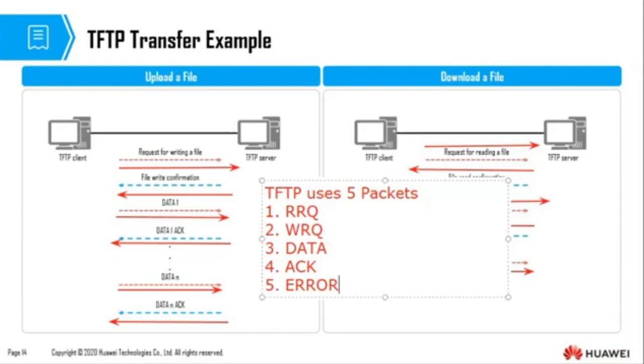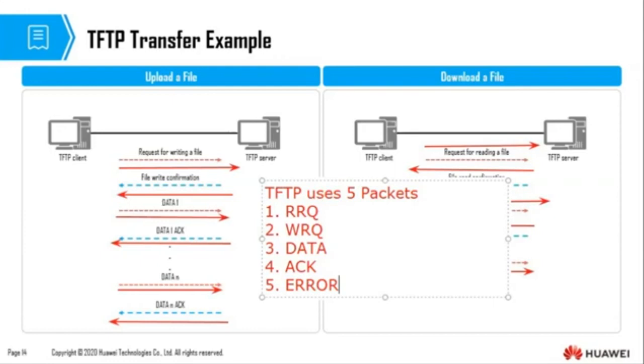When you're sending a request for reading a file, you send an RRQ packet. When you're sending a request to write a file, when you're uploading, then you send a WRQ or write request packet.